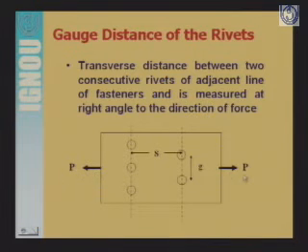Direction of force is this direction of P. This G represents the gauge distance, which is at right angle to the direction of the force. So here you can see the pitch and gauge for rivets in a particular connection. These two terms are very important, which you should remember, because these will be used very frequently in all riveted and bolted connections.